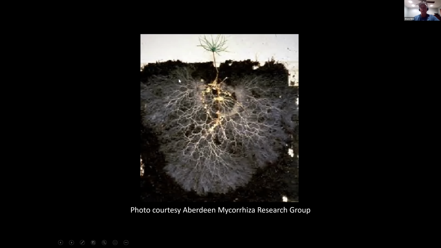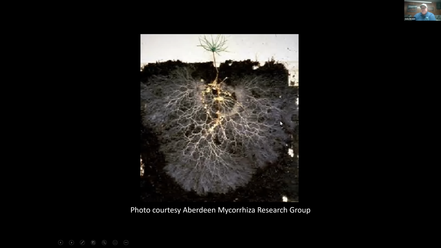And not only nutrients, but water. Think of the aggregation that's occurring along that pine seedling. This is the main root of the pine seedling, obviously. Then all this is the mycorrhizal fungi that's formed in association with the root of that pine seedling.